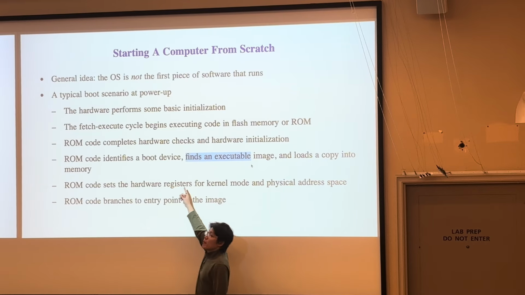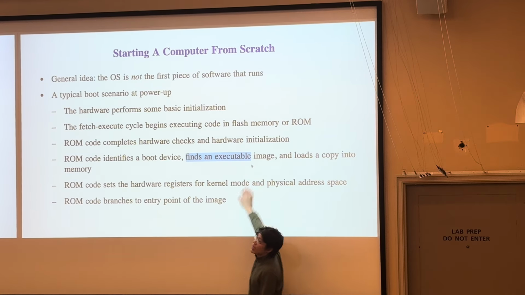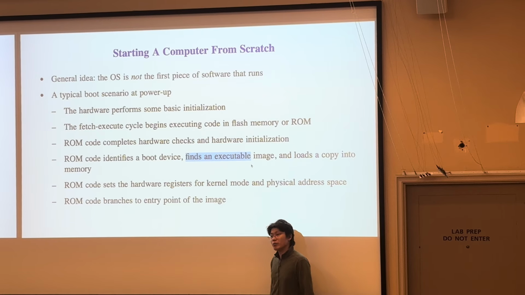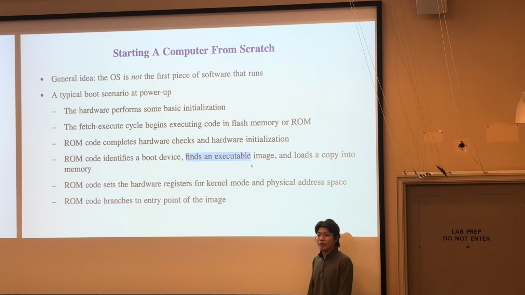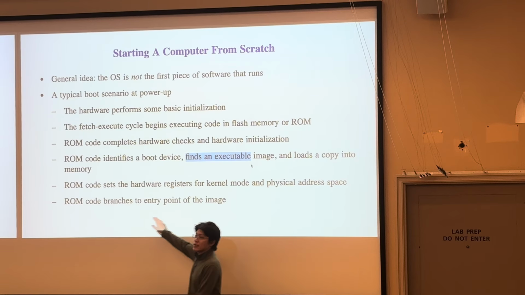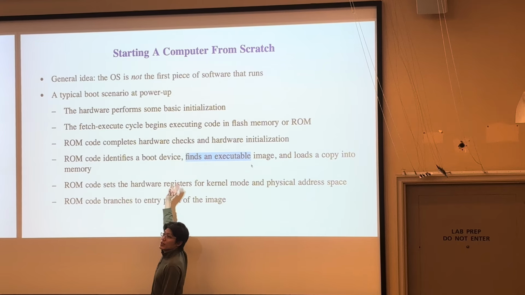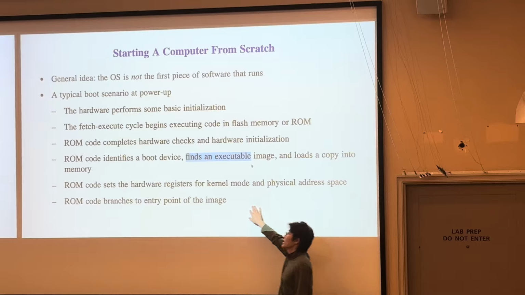First, it identifies a boot device, meaning the device that contains the OS. This executable image is the OS program, and it loads a copy of your OS program into memory. Before it starts really executing the OS code, the ROM code also does some other initialization.